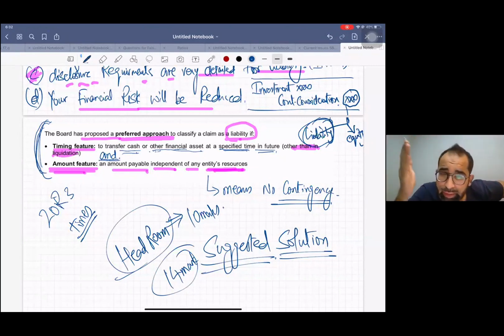So this is a relaxation they are giving you, and it is a very big relaxation. So stay calm, be confident, try to attempt 100 marks.